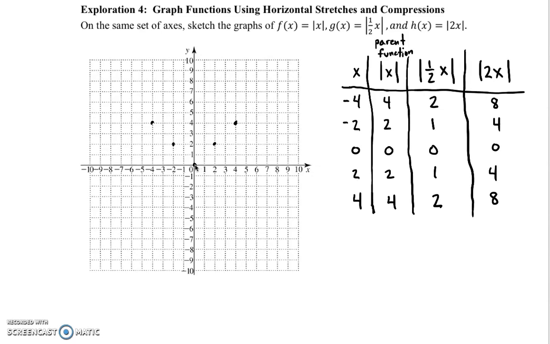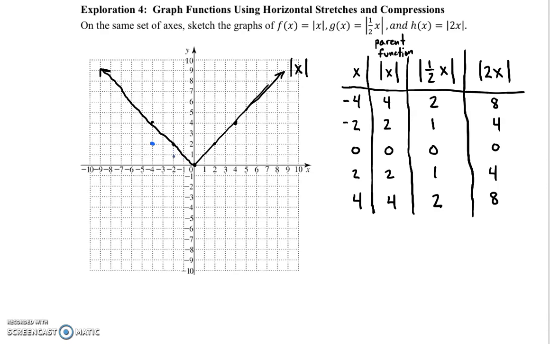If I can get the points in the right spot. So this one's the absolute value of x. Now let's do half the absolute value of x. So at -4, we get 2.